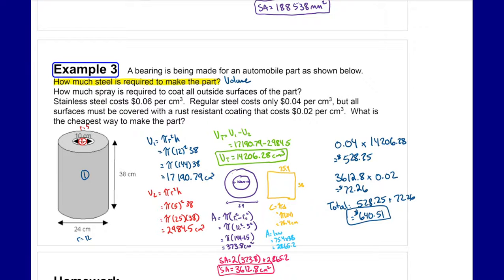Looking at the formula sheet, it might give us a singular formula rather than breaking it down, like for the circumference and then multiplying and then finding the area of the rectangle. So it might combine all of that to make it a little bit easier, or you can work through it surface by surface, piece by piece, like we've done here. But again, remember that surface area is the area of all the surfaces added up.